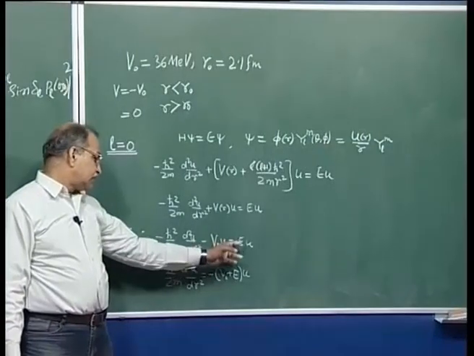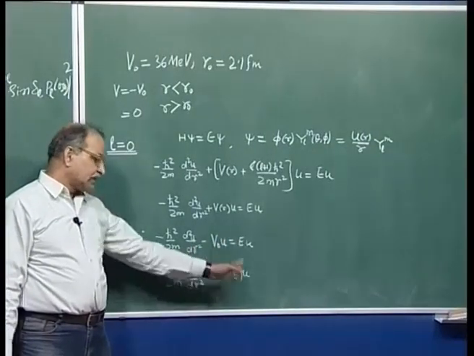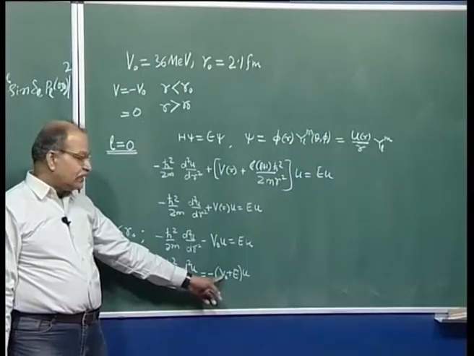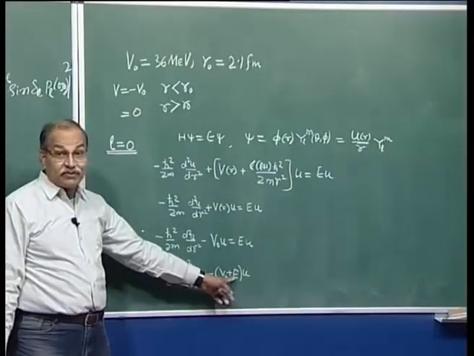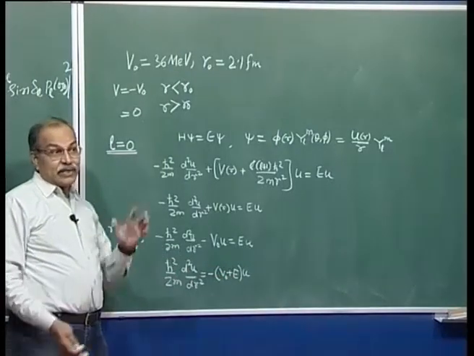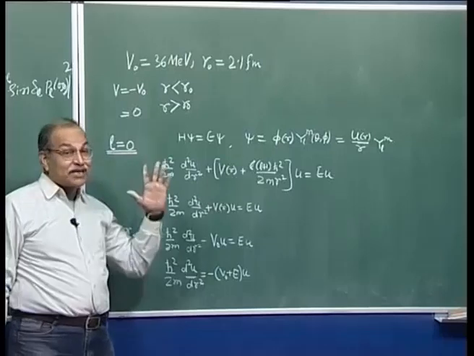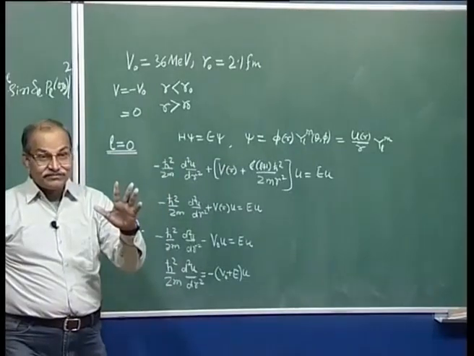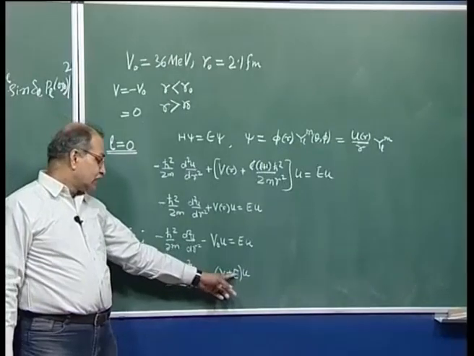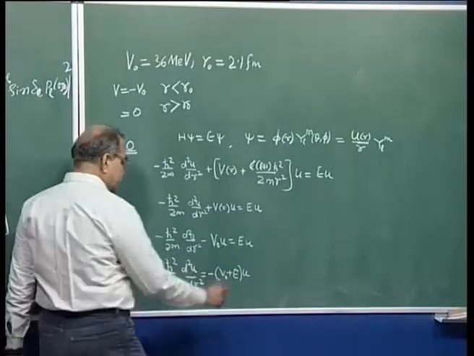This V naught, remember, is a positive quantity, 36 MeV, and E is also a positive quantity. We are talking of scattering, not of bound state. So, we are sending the proton with some kinetic energy, that is E. So, this is also positive.